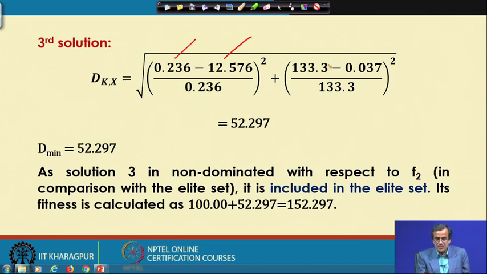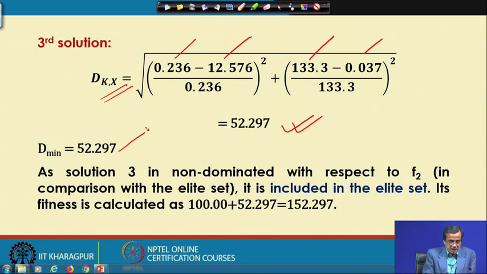Next, 130.3 is the value of f 2 corresponding to the non-dominated solution. Then 0.037 is the value of f 2 with respect to the third solution, and I can find out the Euclidean distance values.